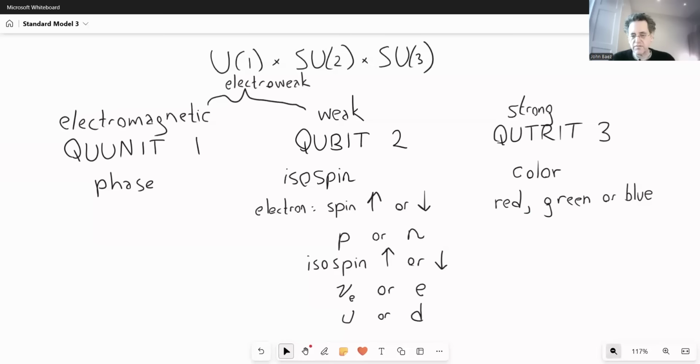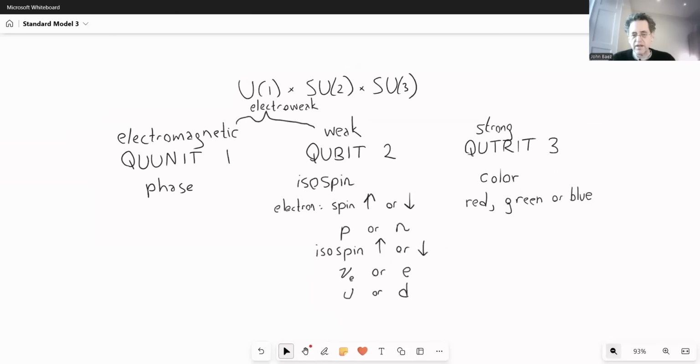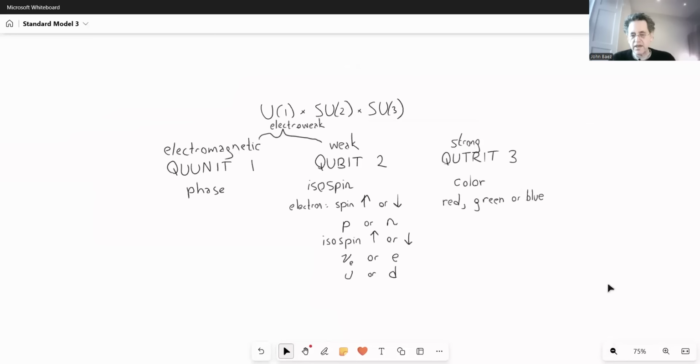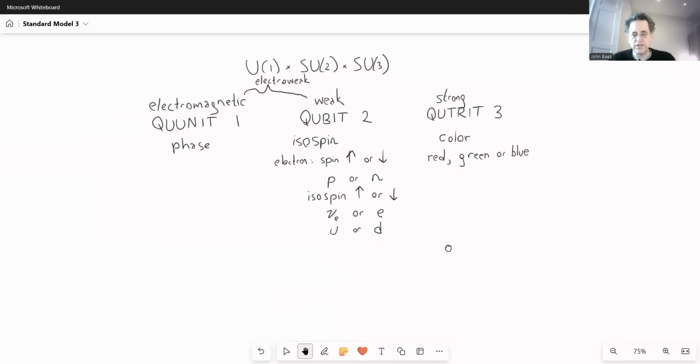Now, I'm going to talk a bit more about this, but I just want to talk about it in the case of qubits. A whole bunch of what I'm saying would apply equally well to qutrits or to even more alternatives. So there's nothing special about the numbers 1, 2, and 3 when it comes to basic quantum mechanics. Those just happen to be the things that show up in the standard model.